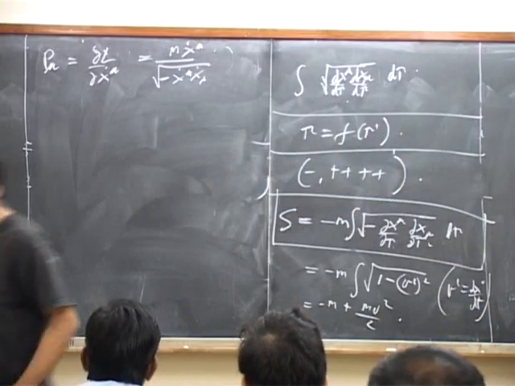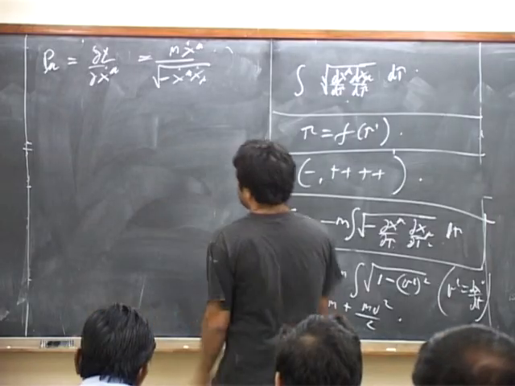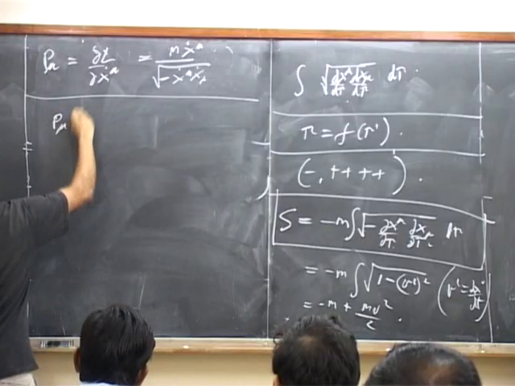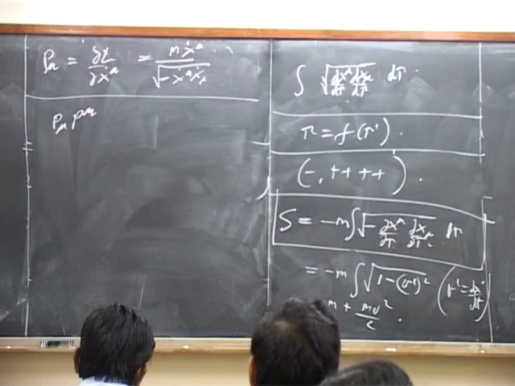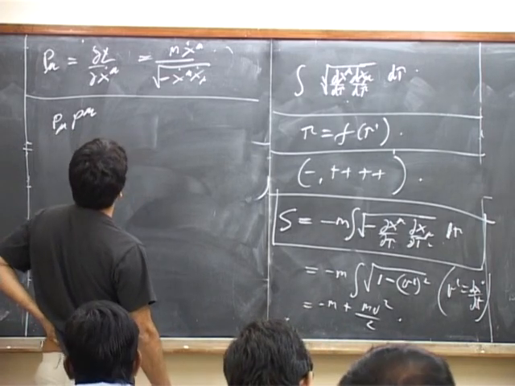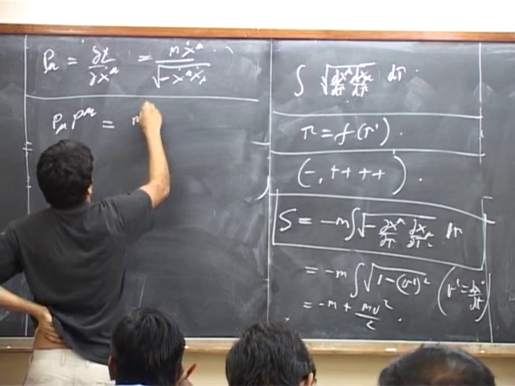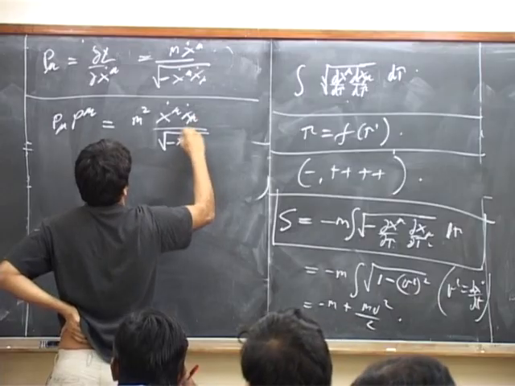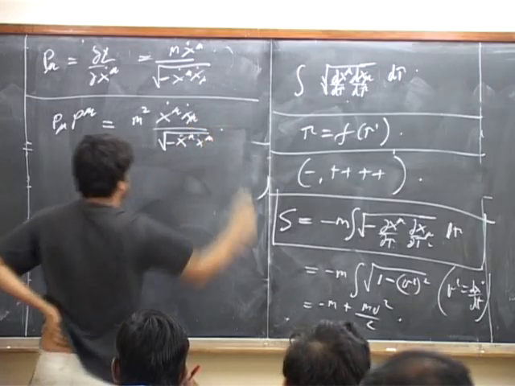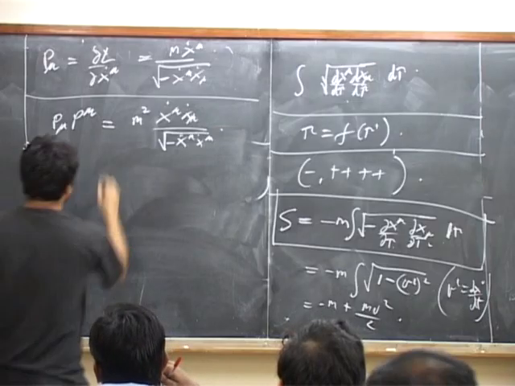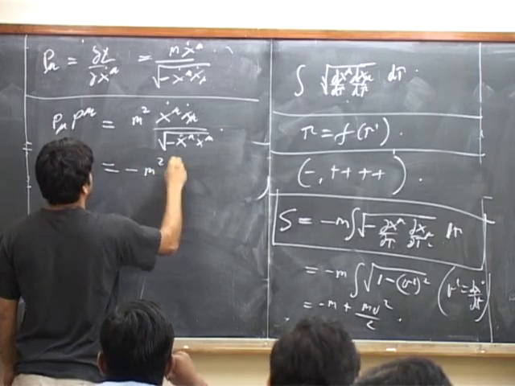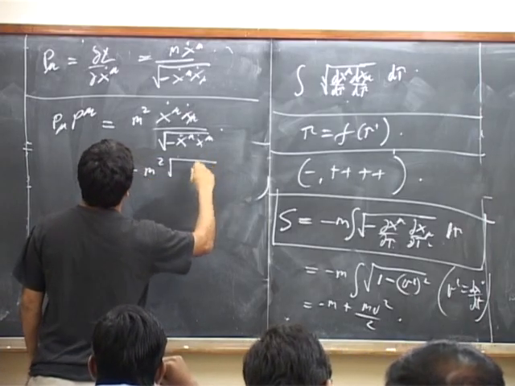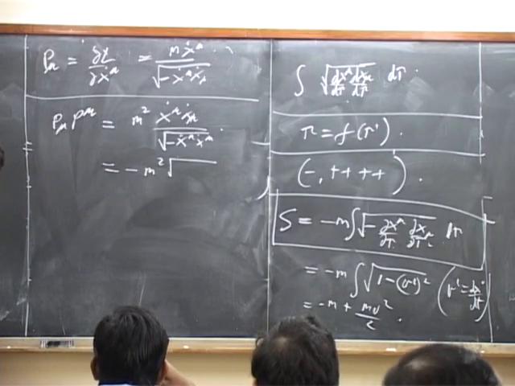How do we see that? We see that in the following way. You look at the momentum here, and then construct the following object: construct P mu P mu. So what do we get? We get m squared x mu dot x mu dot divided by minus x dot x dot. Sorry? The square root is not there in the denominator.